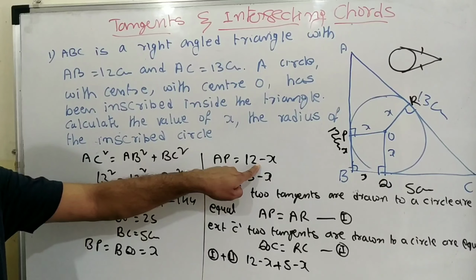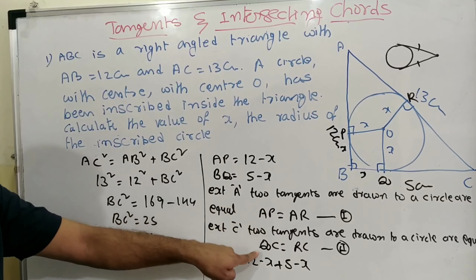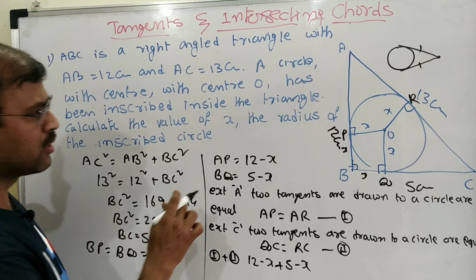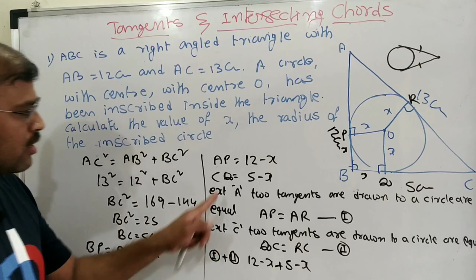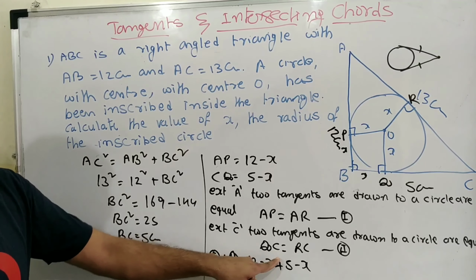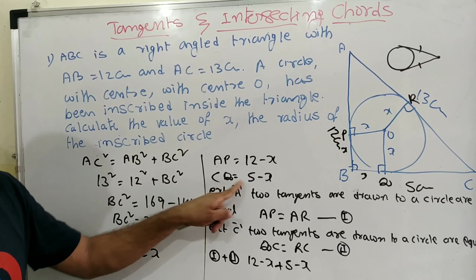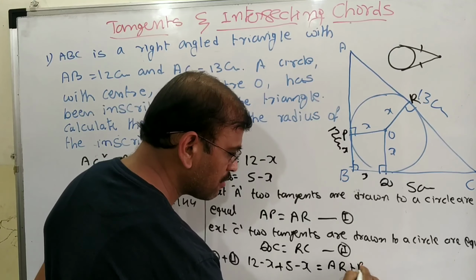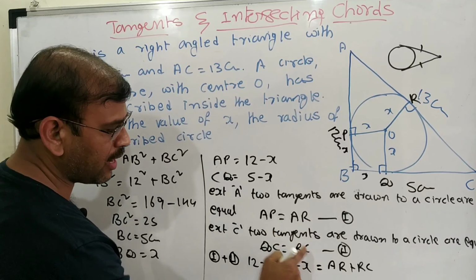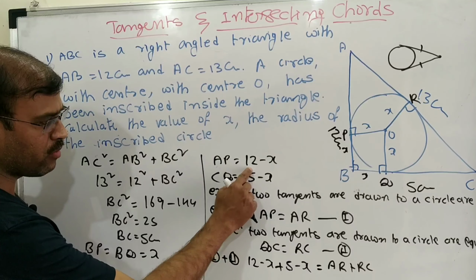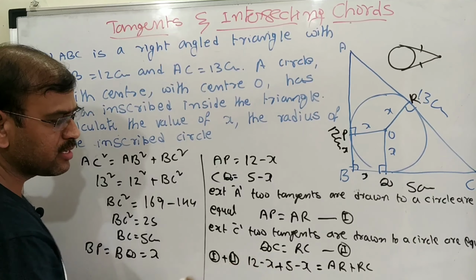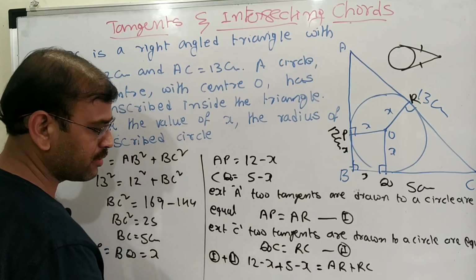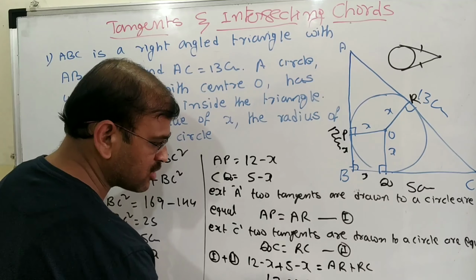So AP is 12 minus x, and CQ, sorry, CQ or QC value is 5 minus x. Right hand side, what am I getting? AR plus RC. Left hand side things I added: 12 plus 5, 17 minus 2x.